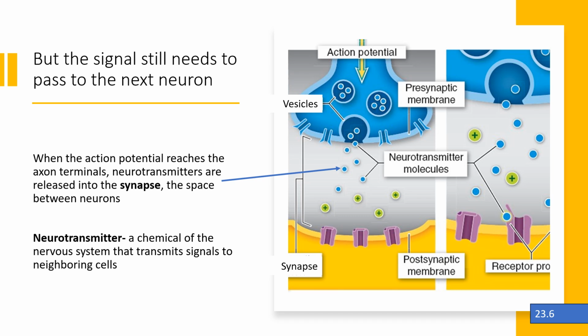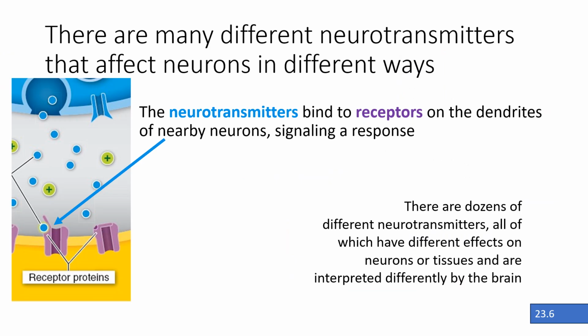When the action potential reaches the axon terminals, it triggers the release of chemicals called neurotransmitters into the synapse. Those neurotransmitters bind to receptors on the dendrites of nearby neurons. The binding of those neurotransmitters signals a response in the neuron.